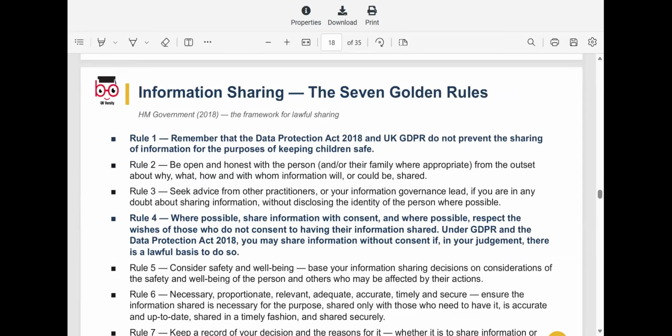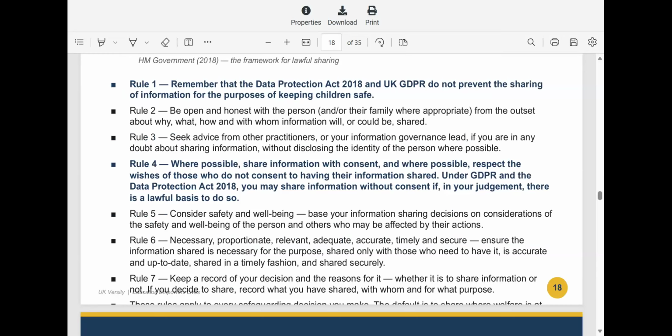Lack of trust is a big one, where transparency is needed when people are relying on each other. Information sharing, the seven golden rules of information sharing. Rule 1 is to remember that the Data Protection Act and GDPR are not a barrier. Rule 2, be open and honest with the individual. Rule 3, seek advice from practitioners if you doubt any sort of information sharing.